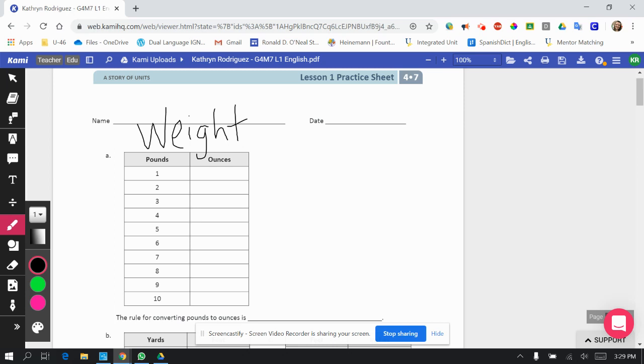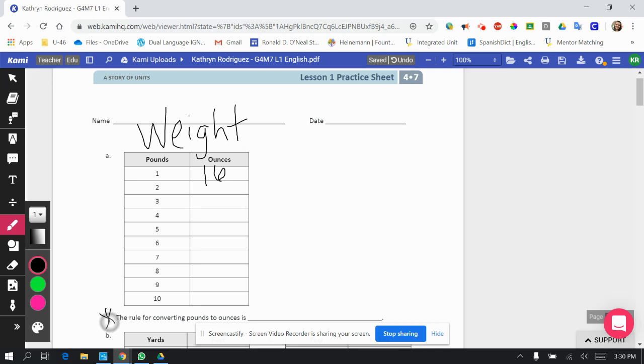So 1 pound is going to be 16 ounces. All right, that's the magic number for this one. So what we're doing here is we are taking that and multiplying it every single time.